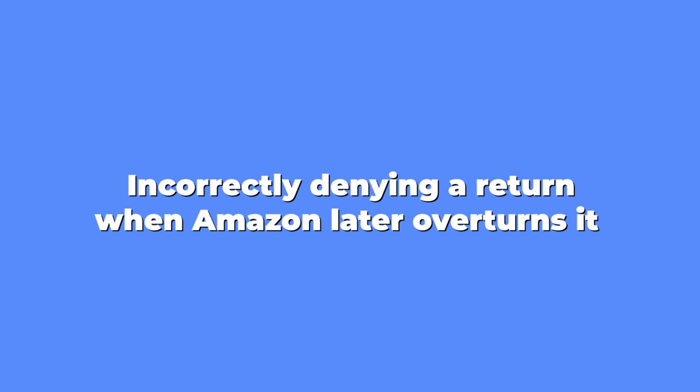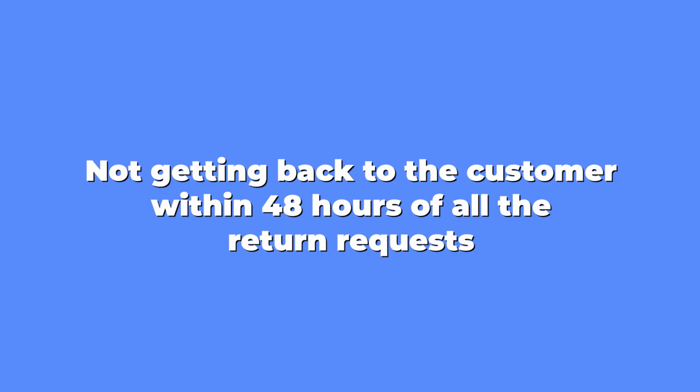First is incorrectly denying a return when Amazon later overturns that and authorizes the return of your product from the customer. And second is not getting back to the customer within 48 hours of all return requests. What you've got to do is keep on top of these things and make sure you keep your RDR, or return dissatisfaction rate, down, and obviously you're not going to get any alerts on that.